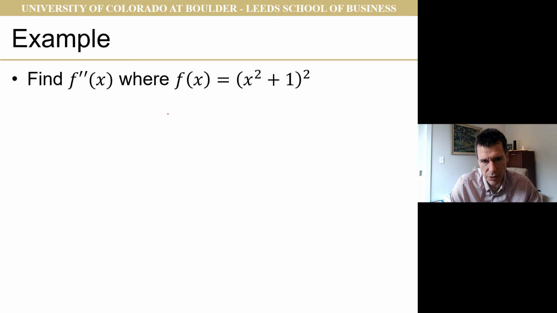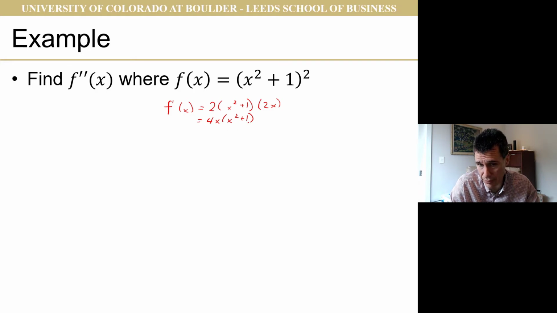So let's take the first derivative. f prime of x equals, we've got a chain rule going on here, so 2 times x squared plus 1 to the power 1 times 2x. So I'm going to simplify this a little bit; maybe we'll leave it as 4x times x squared plus 1. Alternatively, we can multiply it all the way through. It doesn't matter, but let's leave it like this.